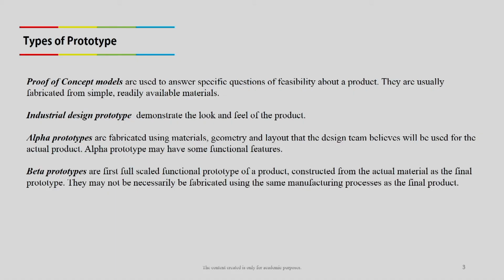Let us see different types of prototype. First is proof of concept models. Some people call it mock-up models also. With different kinds of material you can make it. For example, suppose you have a wheel in your product.